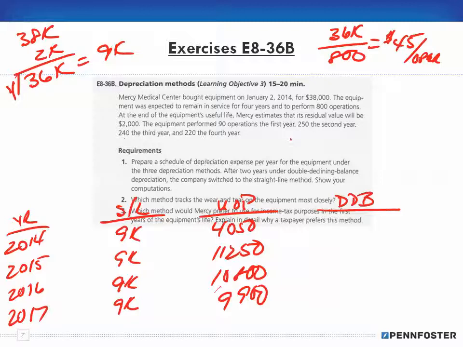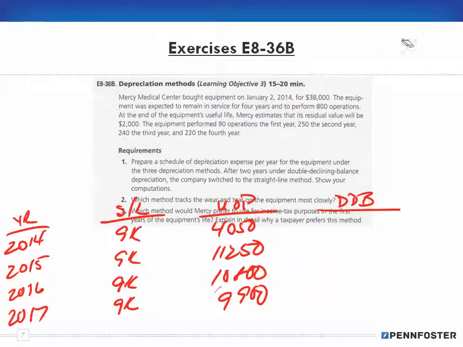Double declining balance, okay? So we're using double declining balance, so we're using a factor of 2, which is 50%. So I have 38,000 times 50%, which is 19,000.